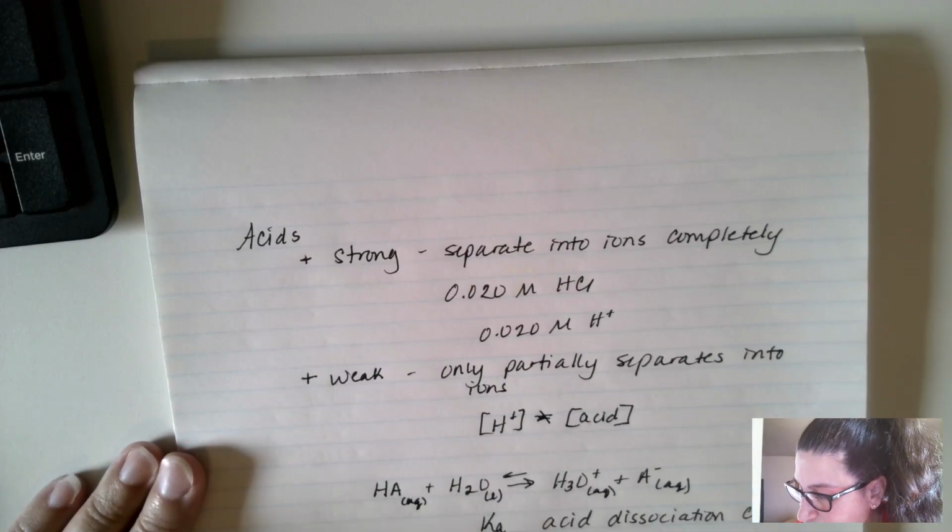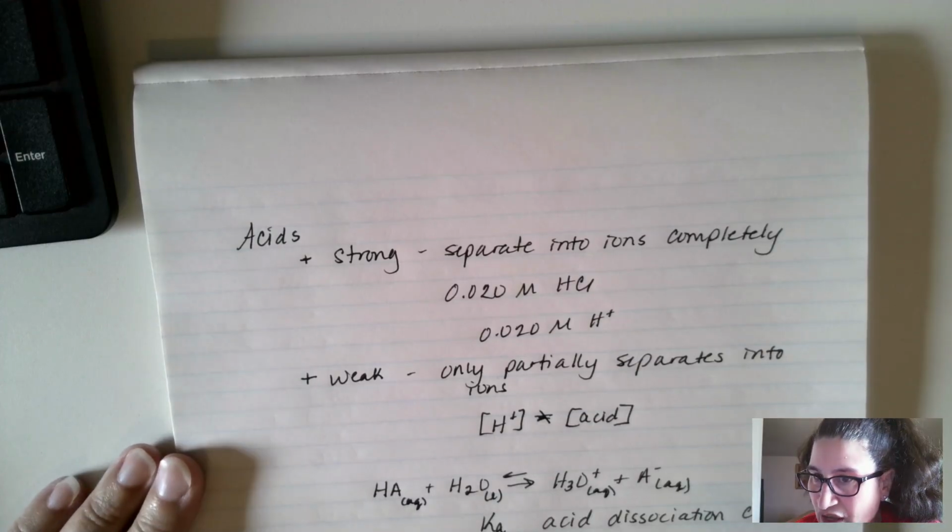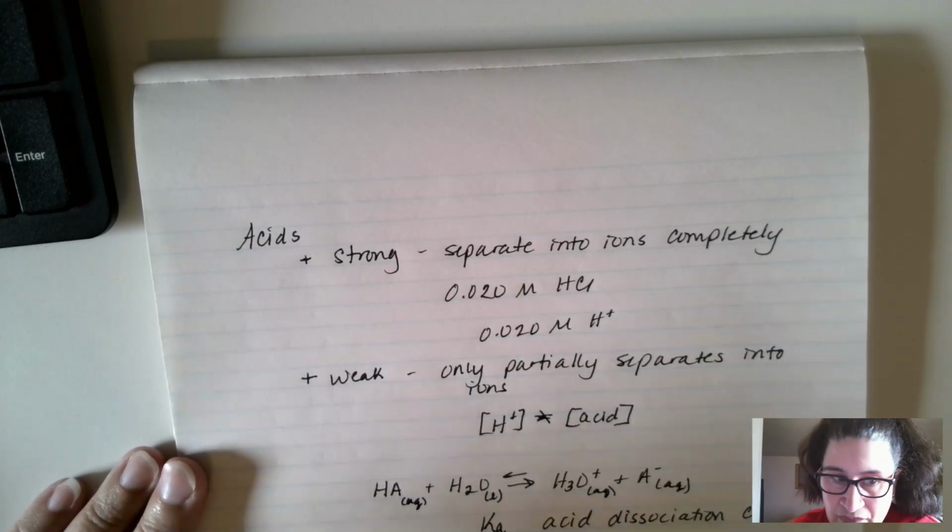So anytime we have a weak acid, we can't assume that the H+ concentration is the concentration of the acid. We're going to have to find it.